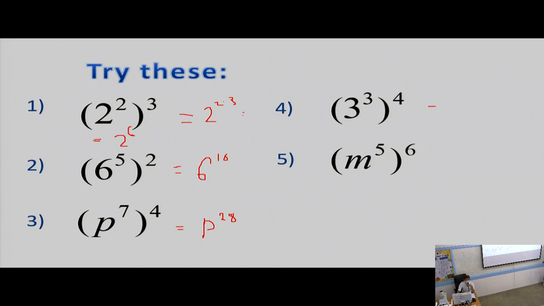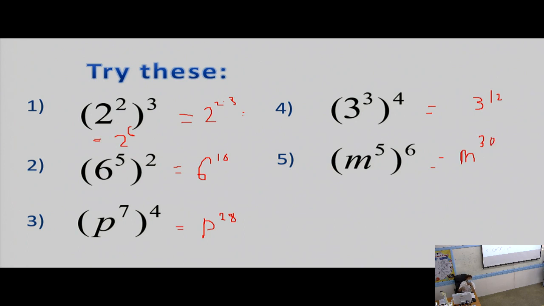Next, number 4. 3 to the power of 3 to the power of 4, that is 3 to the power of 12. And for the last one, m to the power of 5 to the power of 6. Okay, that would be m to the power of 30.